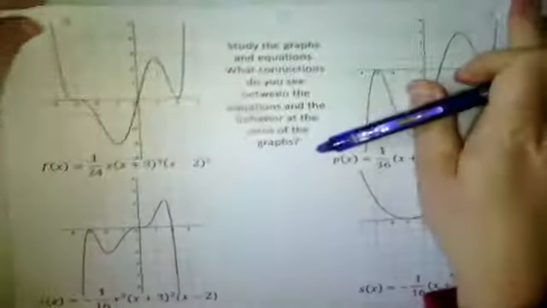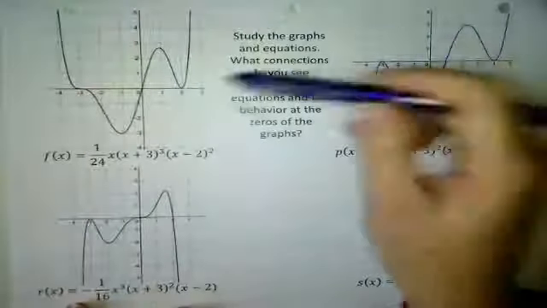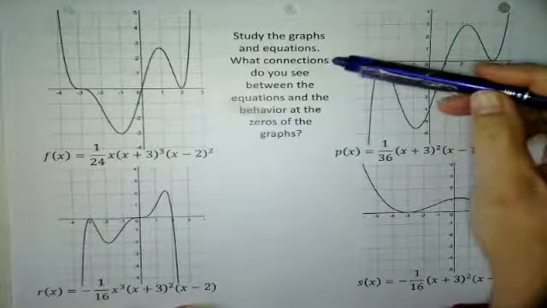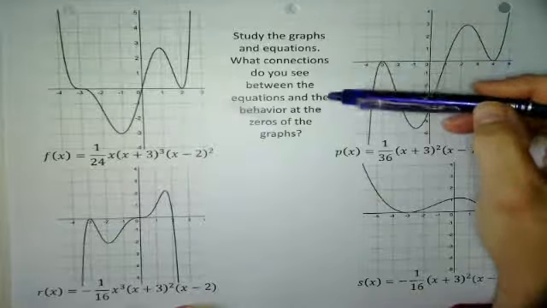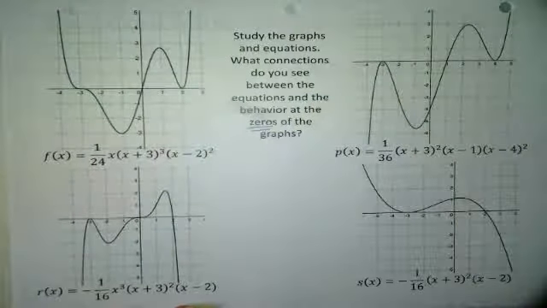But first, something very cool. Look very carefully at these graphs and their corresponding equations. What connections do you see between the equations and the behavior at the zeros of the graphs?